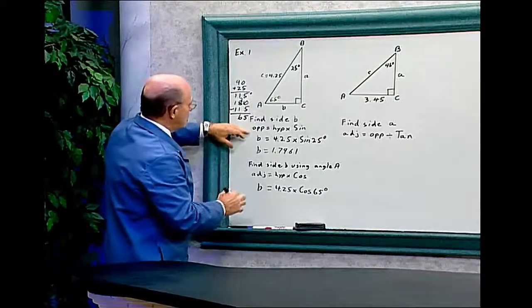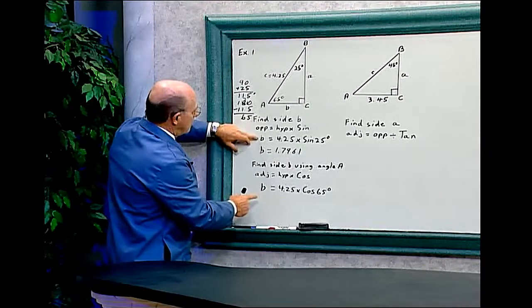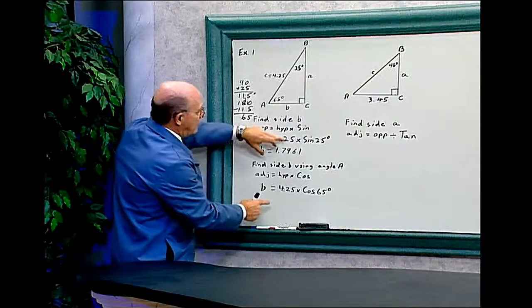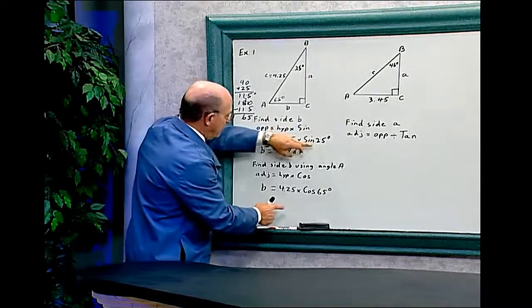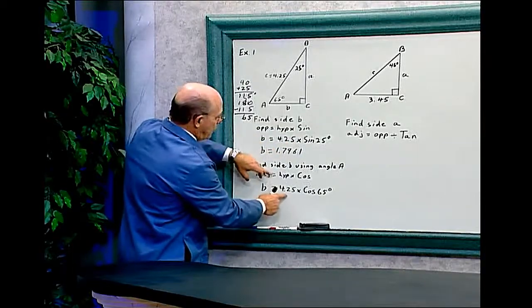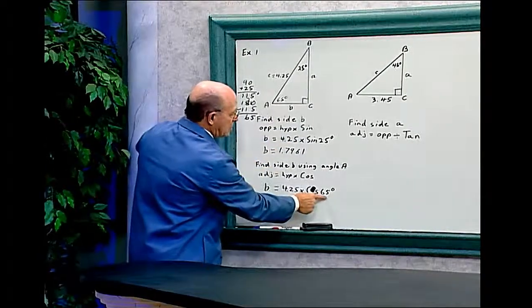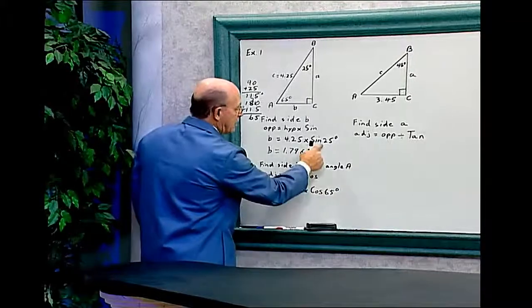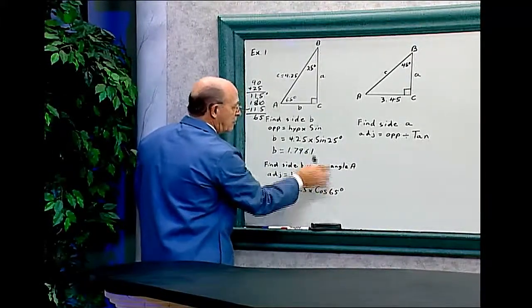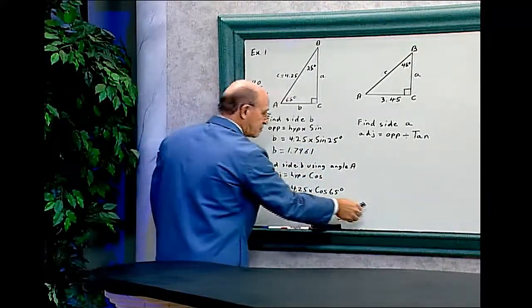Now if you look at the formulas, B equals 4.25 times sine 25, and B equals 4.25 times cosine of 65. You're going to find out that these are the same. There's an inverse relationship between the two.